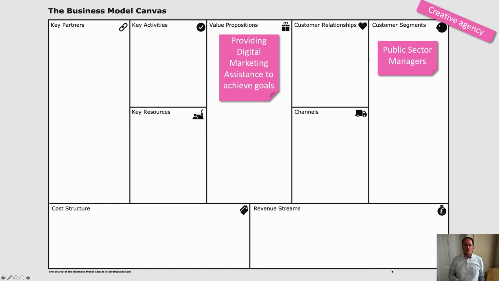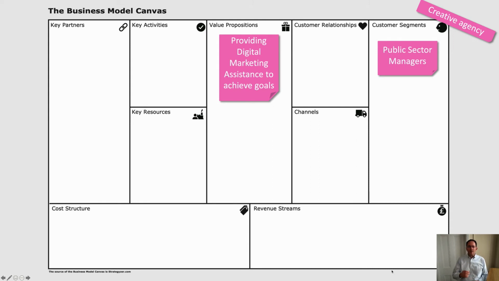What was the initial value proposition, and existing, because they continue to do this, providing digital marketing assistance to achieve goals. That was the value proposition. And you can see how simple these post-its are written. These are high level, providing digital marketing assistance to achieve goals.